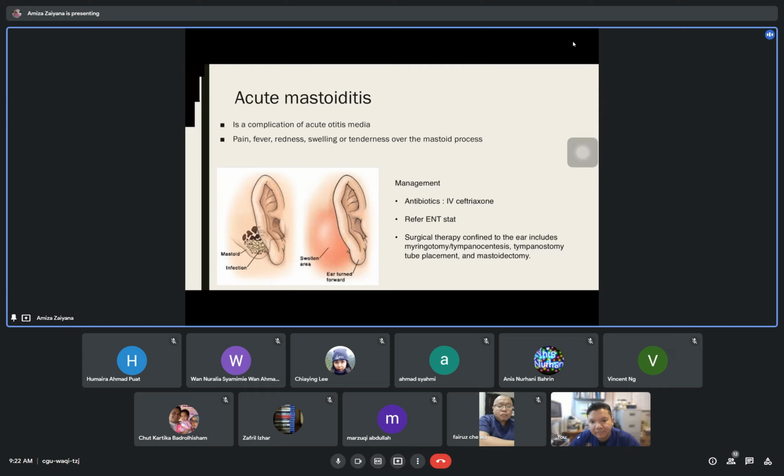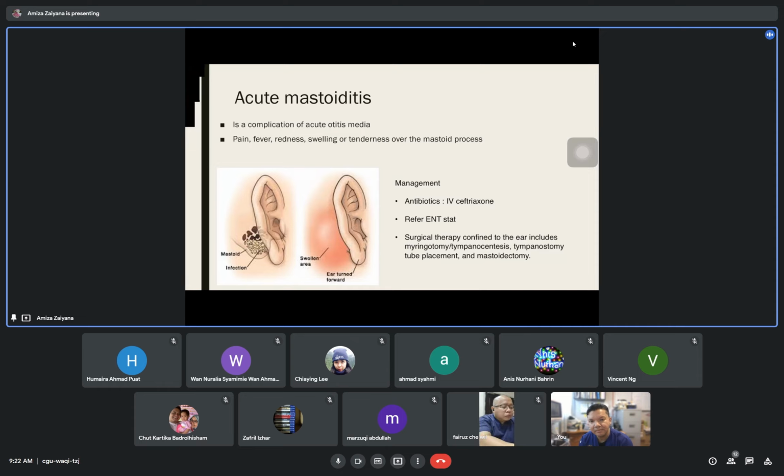Others are surgical therapies confined to the ear, which include myringotomy, tympanocentesis, tympanostomy tube placement and mastoidectomy. We usually don't do these, the ENT department does. Myringotomy is a procedure to create a hole in the eardrum to allow fluid trapped in the middle ear to drain out, either pus or just serous fluid. Mastoidectomy is a surgery to remove cells in a hollow air-filled space in the skull behind the ear, within the mastoid bone.